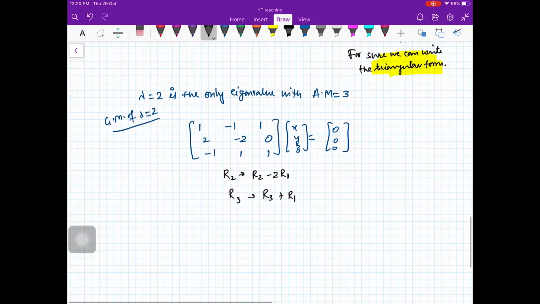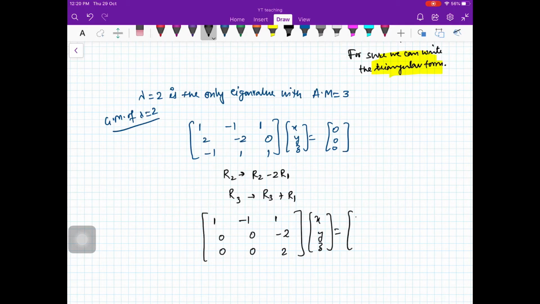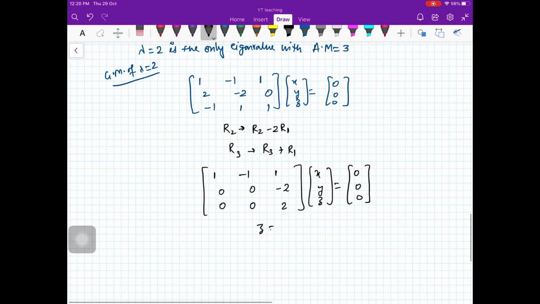If you do this, you will get 1 minus 1 1, then 0 0 0, and 0 0 2, and then x y z equals 0 0 0. From here you can clearly see that z is 0, and then x minus y plus z equal to 0 gives you x is equal to y.